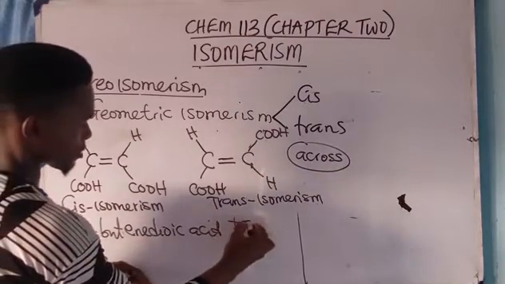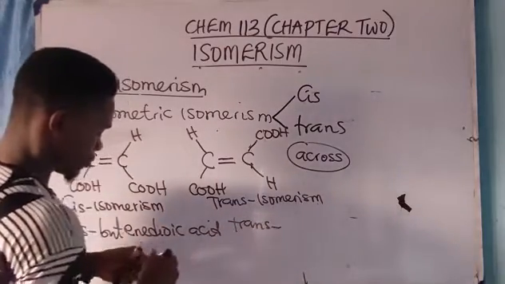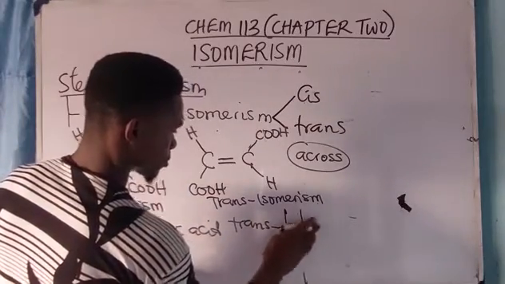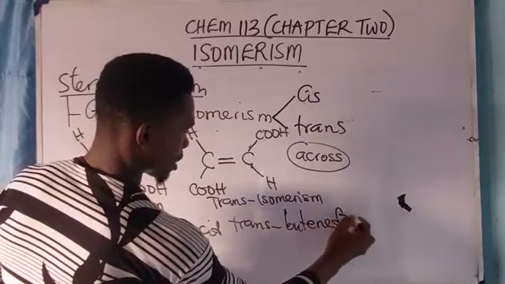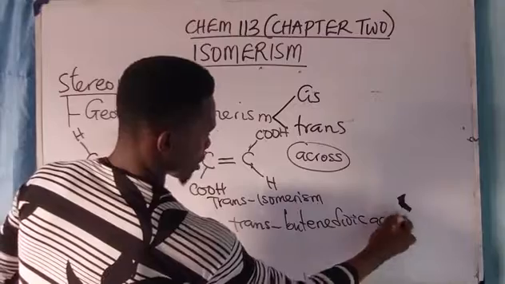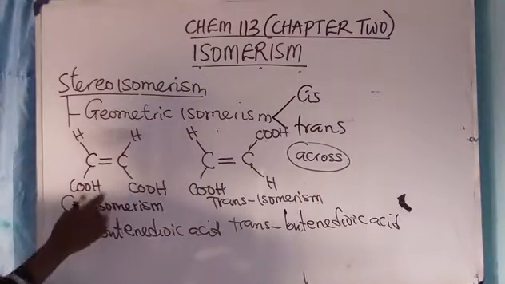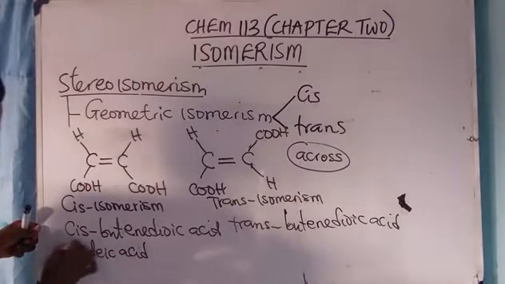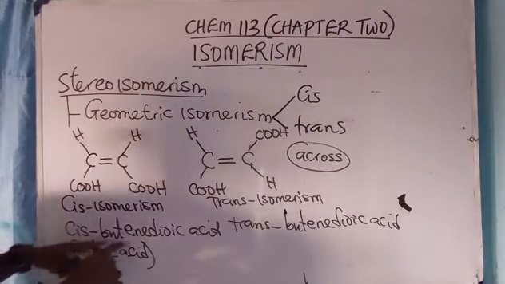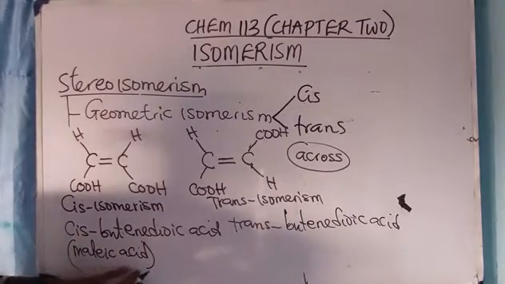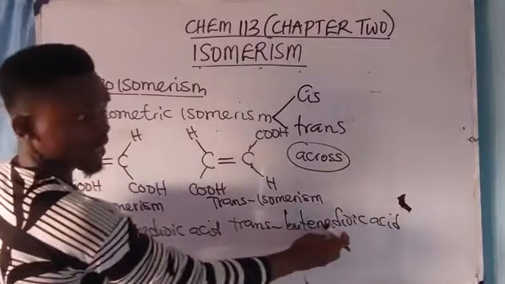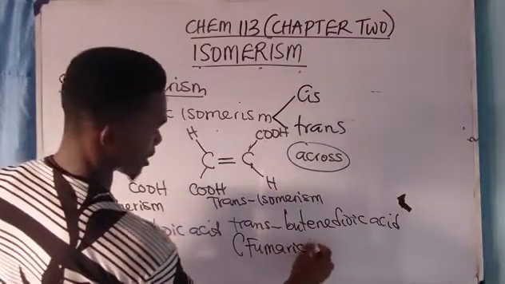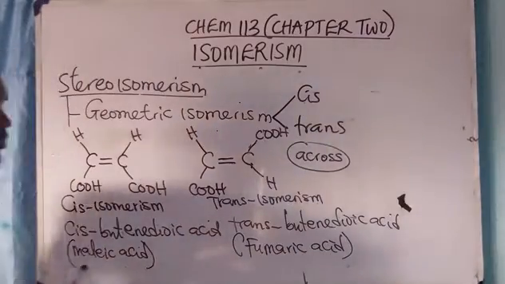So it's trans butene dioic acid. Alright, the cis butene dioic acid is called maleic acid, while this trans butene dioic acid is called fumaric acid. Right, so please take note of that.